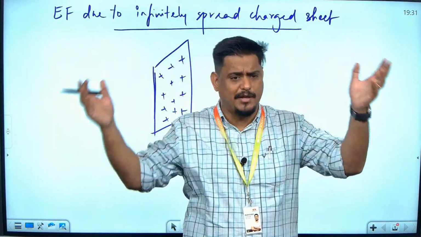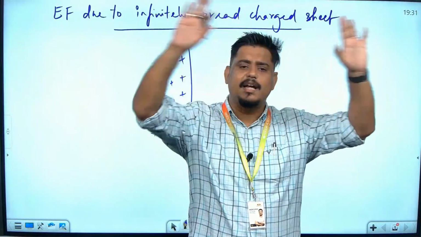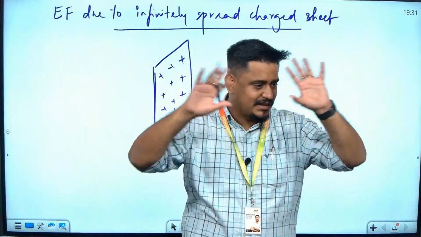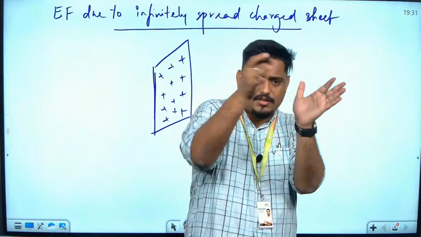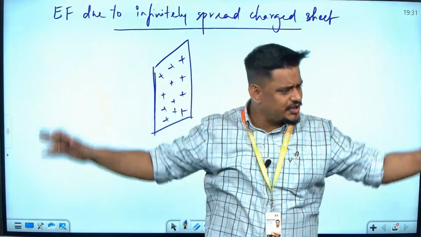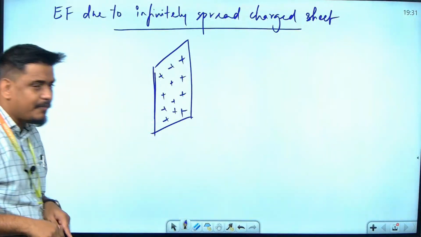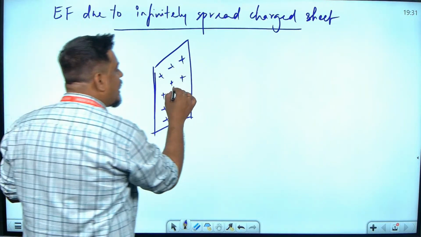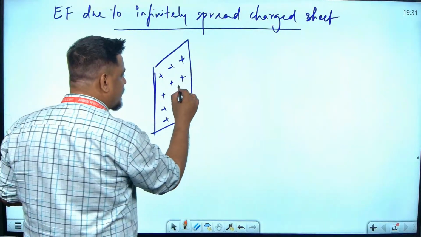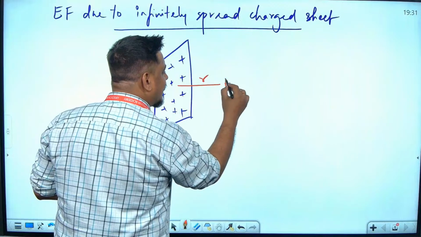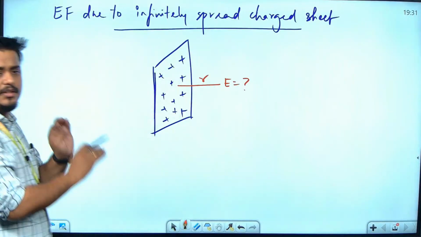It can be 1 million square meters also. For indefinite area, infinite, that's why I am using the words infinitely spread. We don't have restrictions that it is only small or big. For that spread sheet, if I go a distance r away from it, then what the electric field is, is my derivation.